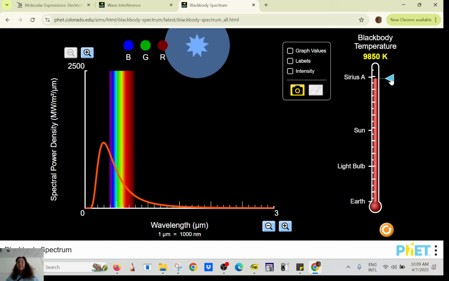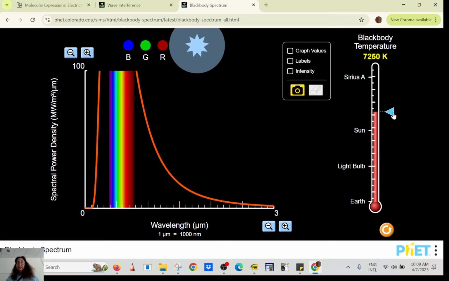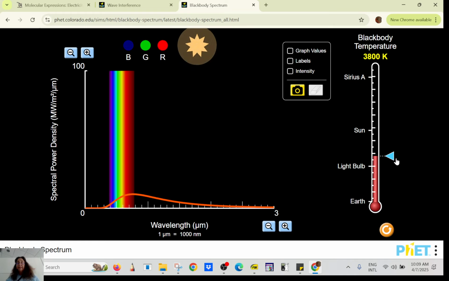As you decrease the temperature, I'm going back to the sun. And here I have a light bulb. A light bulb will peak in the infrared. So the most wavelength it's going to emit will be in the infrared. By looking at that wavelength here, we can find the temperature.